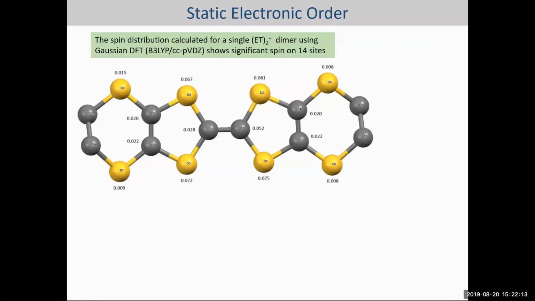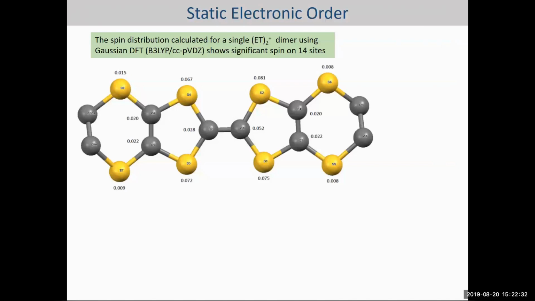In order to do calculations of dipolar fields, one has to have an estimate of the spin density across the molecule. And Gaussian DFT is very good for this purpose and shows significant spin density localized in the center of the molecule and not so much on the edge.